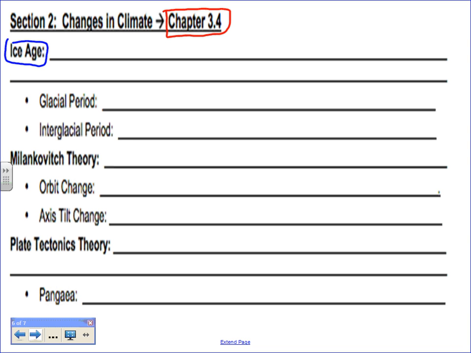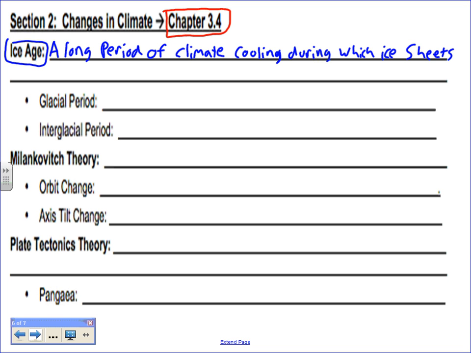Okay? So Ice Age. It was a long period of climate cooling during which ice sheets cover large areas of Earth's surface.